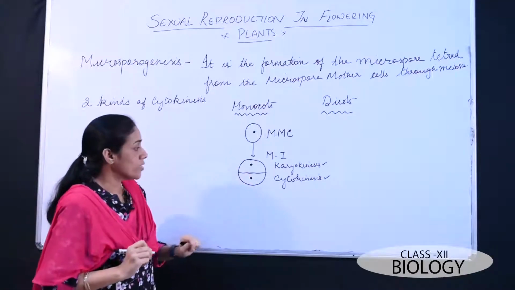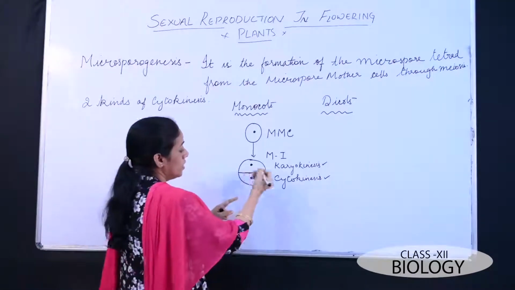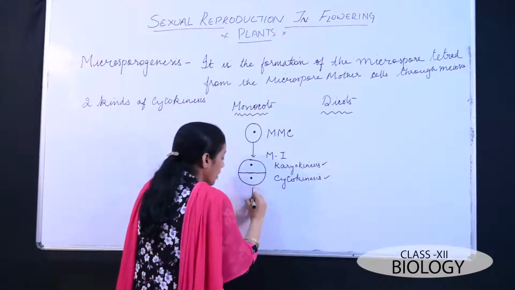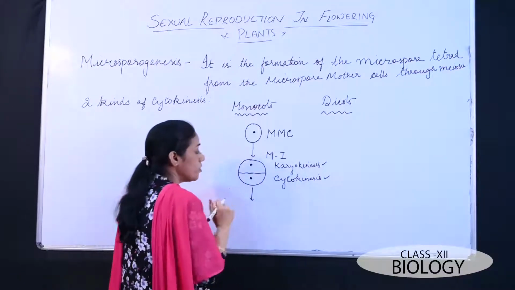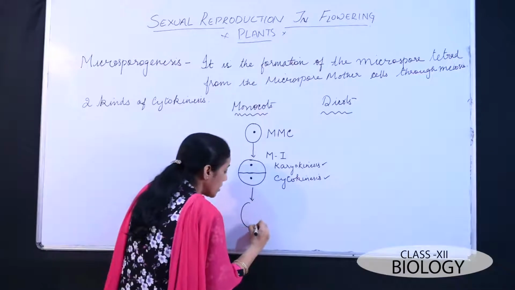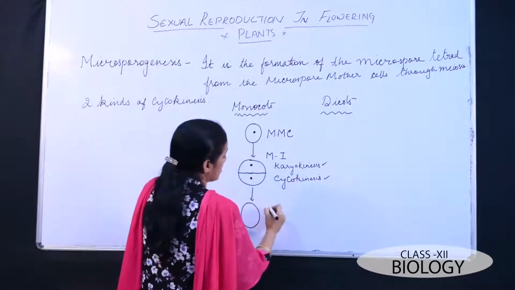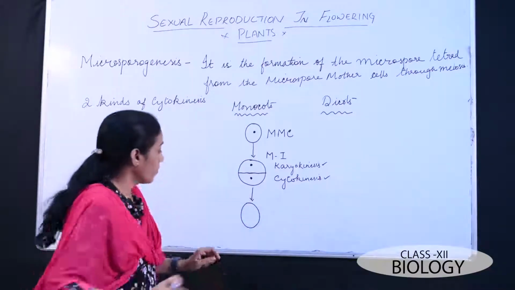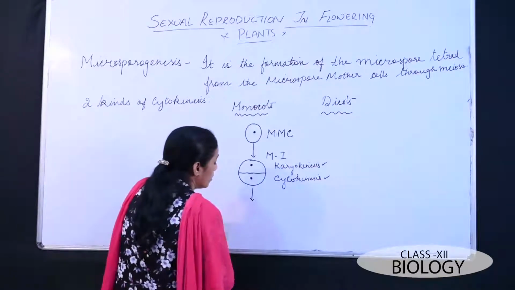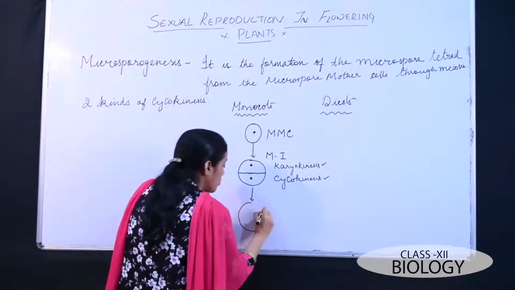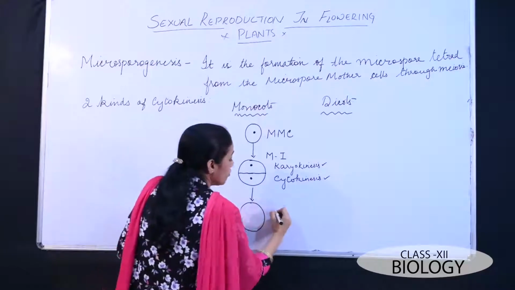So this is cytokinesis. Then again there will be further division of this cell. What will be the next division? The next division will be meiosis 2.